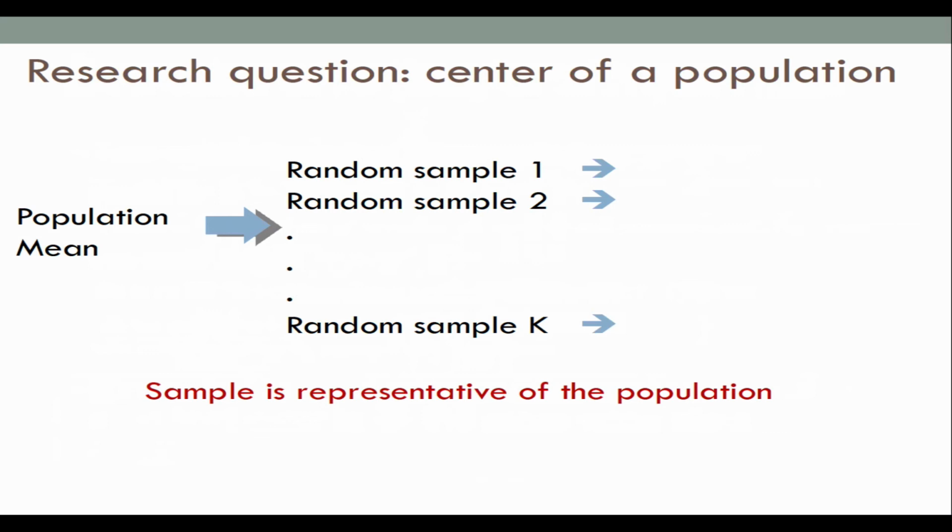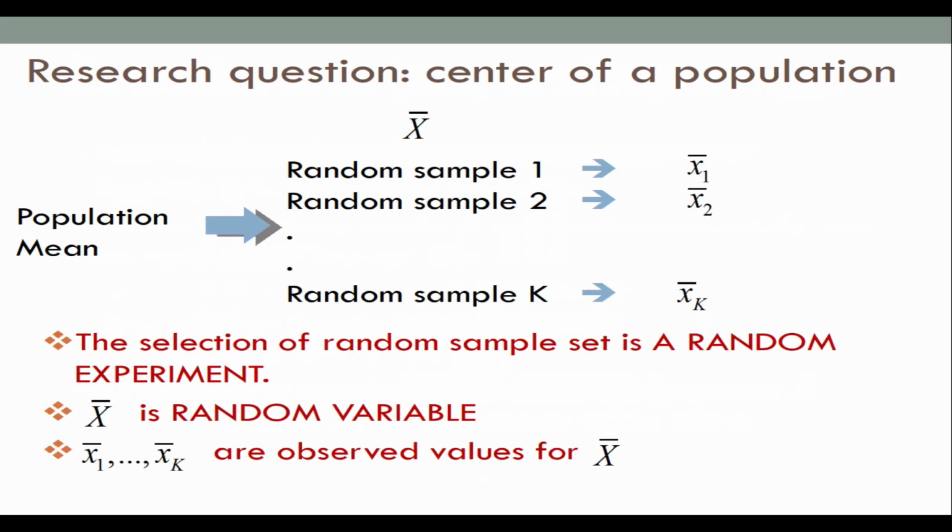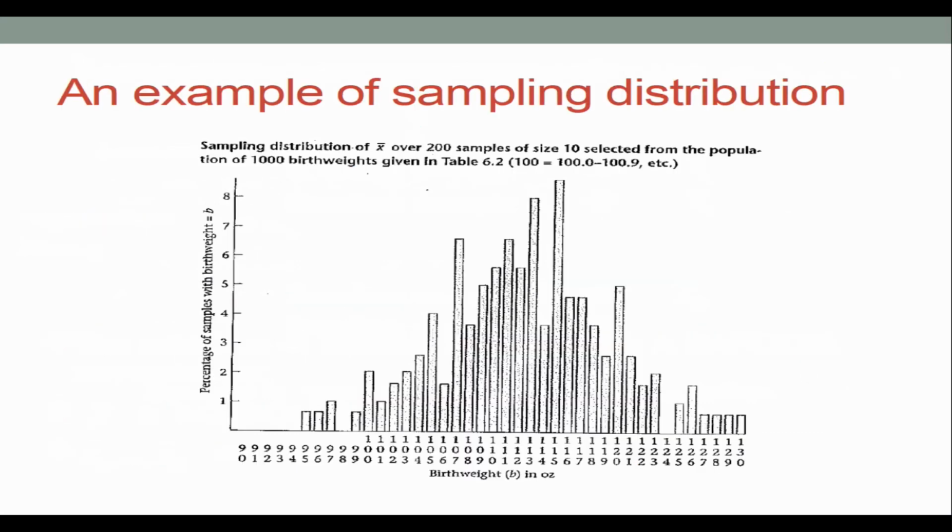For each sample, we can calculate the sample mean. That is the observed value for big X bar. We use this capital X bar to represent a random variable for the sample mean of each possible sample with size n. I think that's maybe where the confusion is for a few of us.